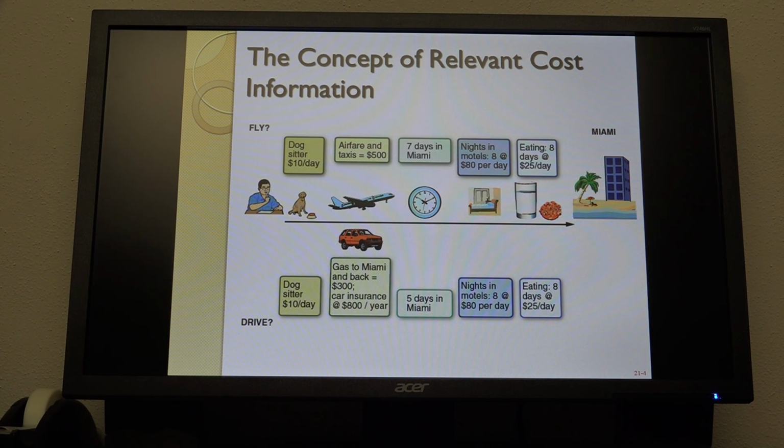And so here, what's different is airfare and taxis versus gas to Miami and back. Well, it's going to cost $200 more in airfare and taxis than it will gas. So that he has to look at that. That's a relevant cost, and he needs to consider the differences there.